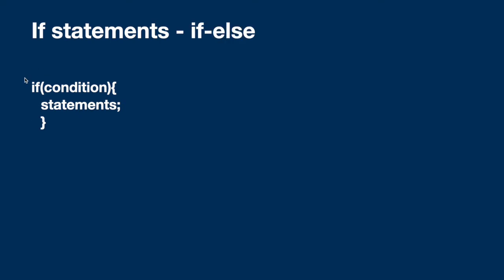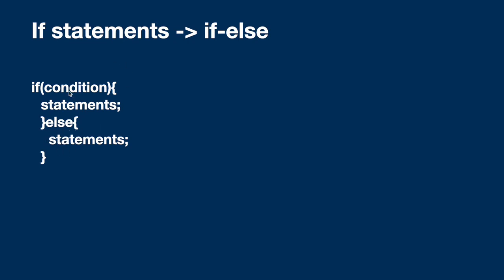Okay, so if statements also have else components, so we call them if-else statements. We have got the if statement as we have discussed before. Then this will be followed by the else section. So we will say else with a left curly brace and then a right curly brace. In between it you have statements to execute.